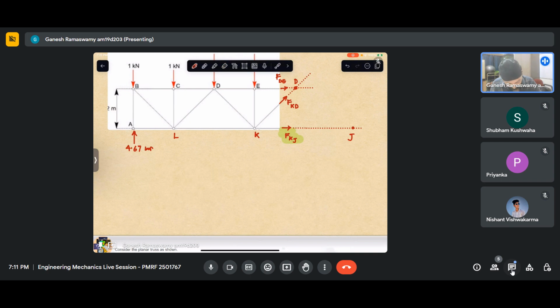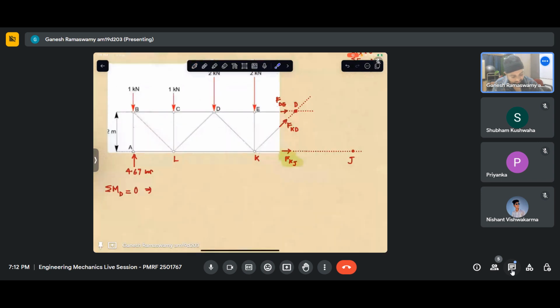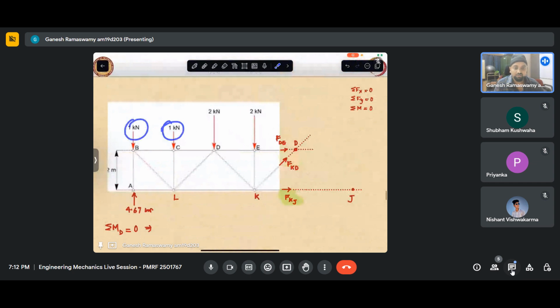So let us add the moments about D for this free body. Now I know that this will have a clockwise contribution at D. These forces will have anti-clockwise contribution at D, and this force will also have an anti-clockwise contribution at D. These two do not contribute.